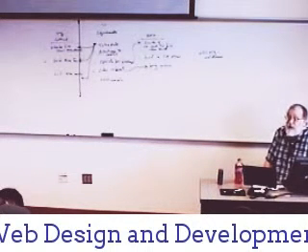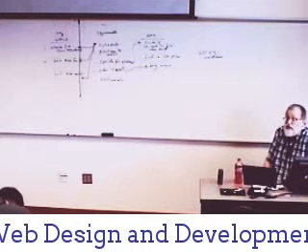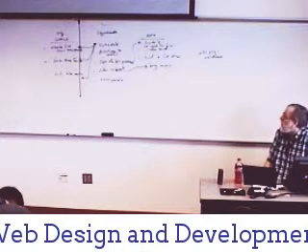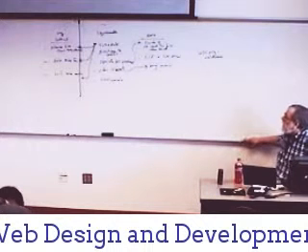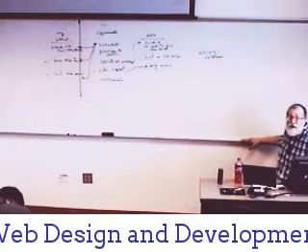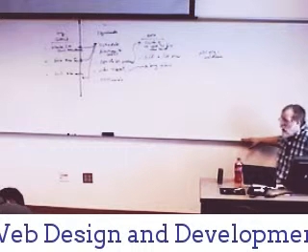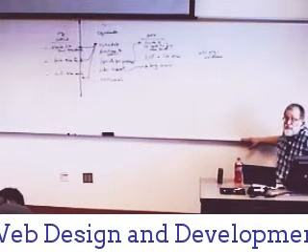Now, the flip side is also true. If I have a goal and there's nothing that relates to it, then one of two things: either that goal isn't very important, so get rid of it and don't consider it one of the goals, or figure out something that does relate to the goal. All right?